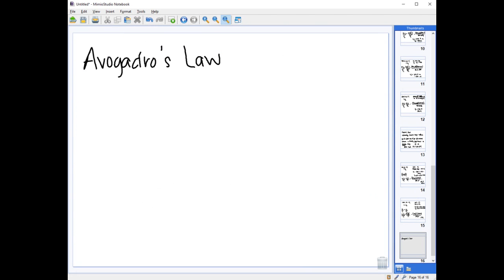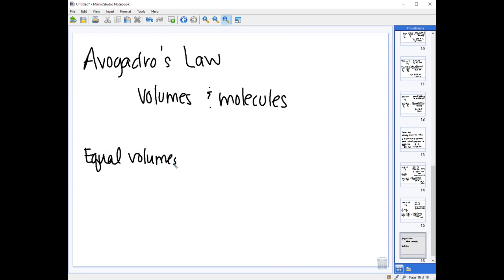And so what he said, so he looked at volumes and moles, or volumes really and molecules, which we can convert into moles. And so Avogadro's law says equal volumes of gases.